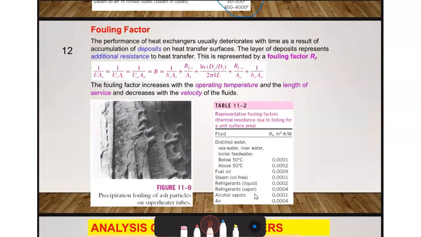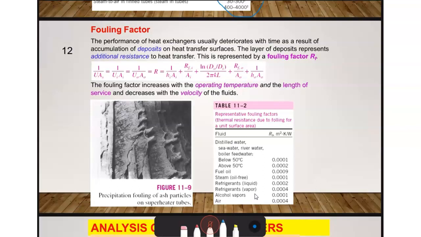Alright, fouling factor. Fouling factor will affect the heat exchanger performance, as performance deteriorates with time as a result of accumulation of deposit on the heat transfer surface.